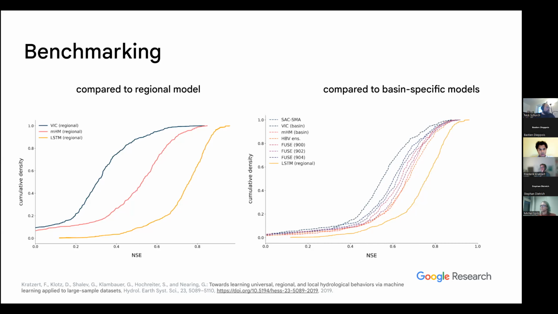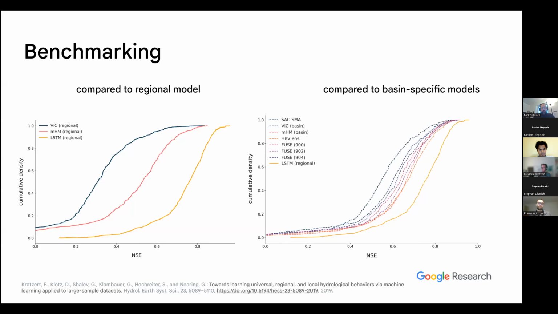And again, this is the CDF plot, so the further lines to the right, the better. The right-hand side of this plot compares the LSTM to per-catchment calibrated hydrology models. All of these models were calibrated on each basin individually.